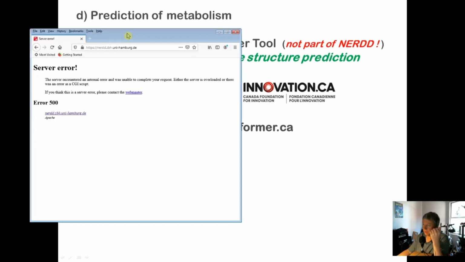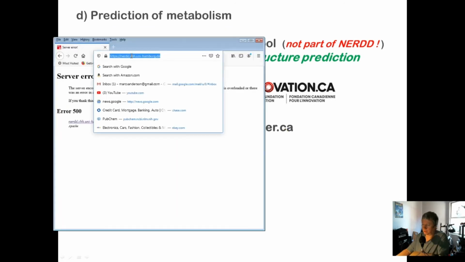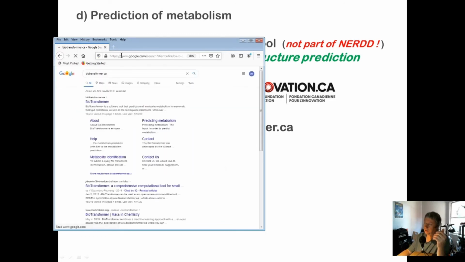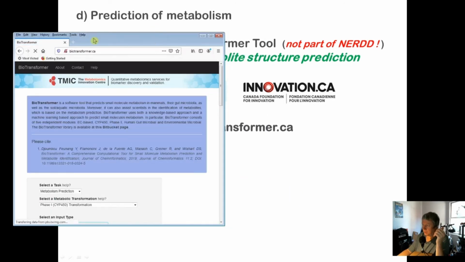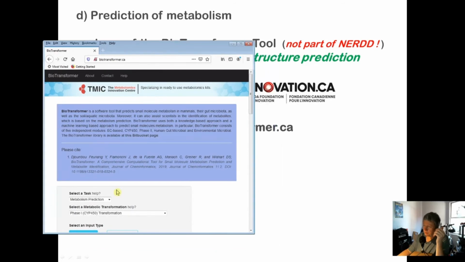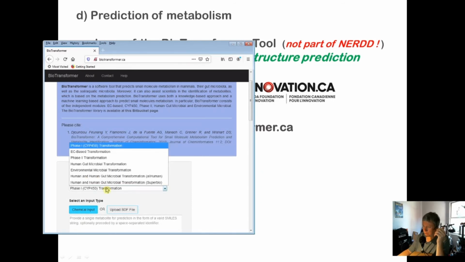Okay, so we can Google this, biotransformer.ca. Here we are, biotransformer.ca. There it is. Okay. All right. So we're on the website. This is on the Metabolics Innovation Center resource in Canada, and we're going to do a metabolism prediction, and we're going to do phase 2 transformation.